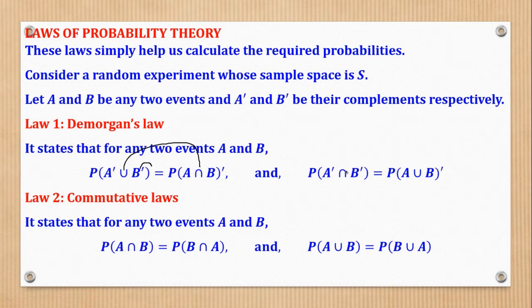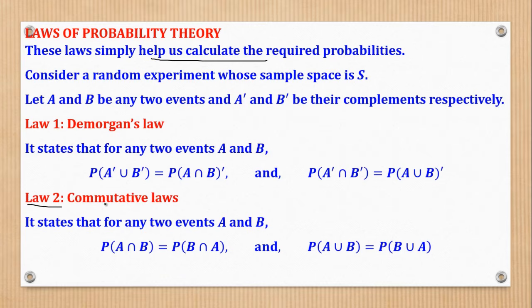Similarly here, the sign changes: it was intersection, it becomes union, and the complement goes outside the bracket. That's what you need to remember under De Morgan's law. Like we told you, they help us to easily calculate required probabilities, and we shall see how.